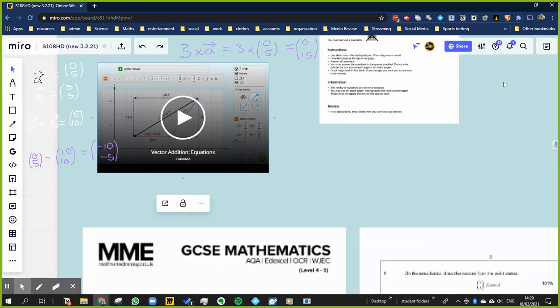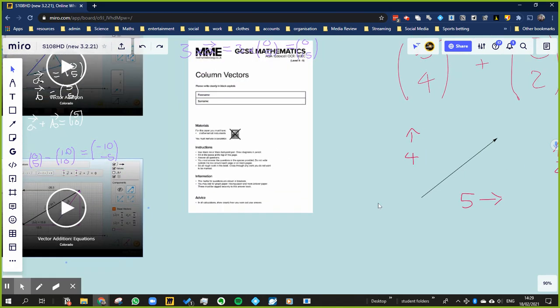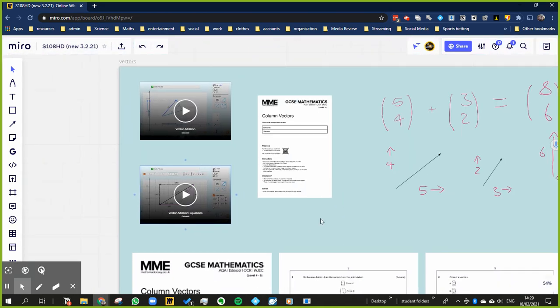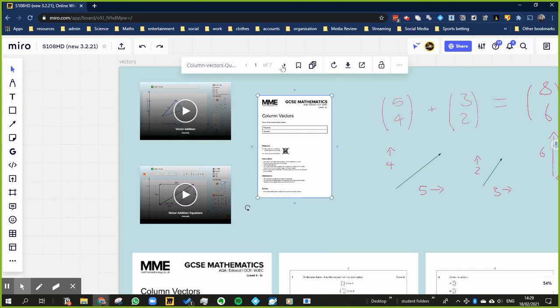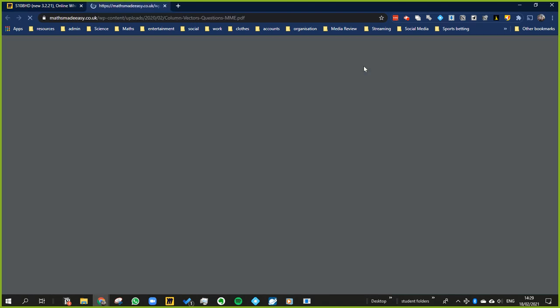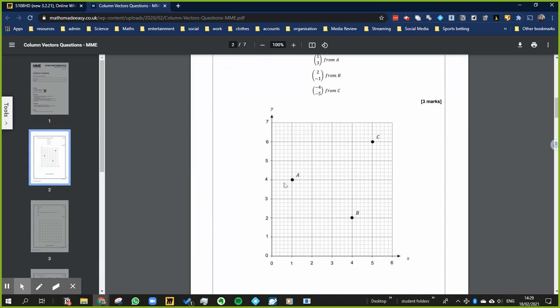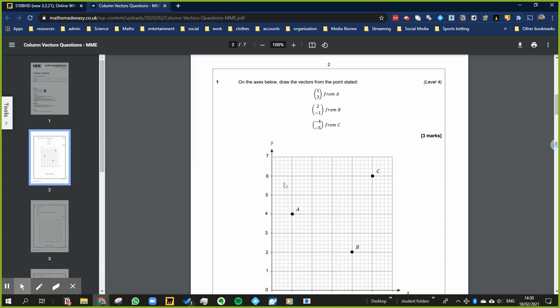Well, let's have a go at some questions now. So I'll get rid of that ink on the screen. I'm just going to open this up and see if we've got some adding and taking away. So on the axes below, draw the vectors.